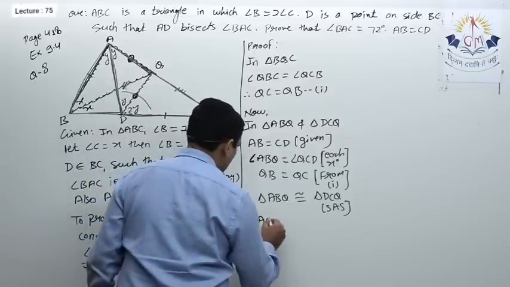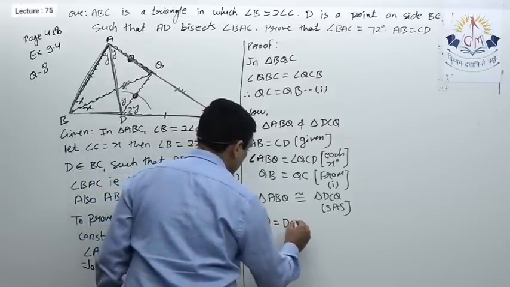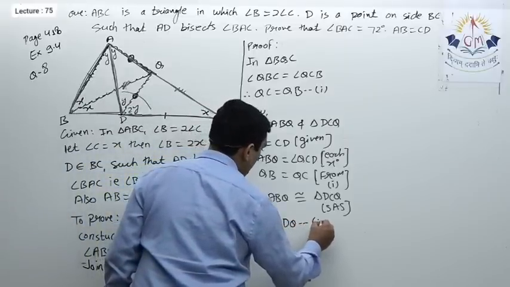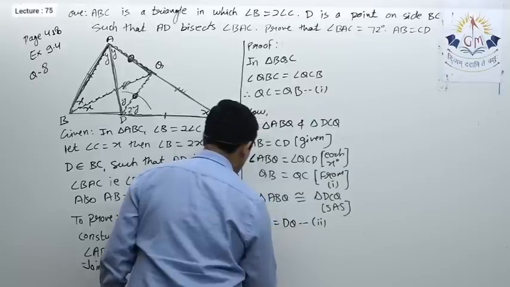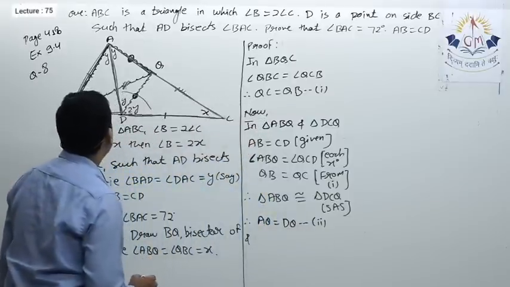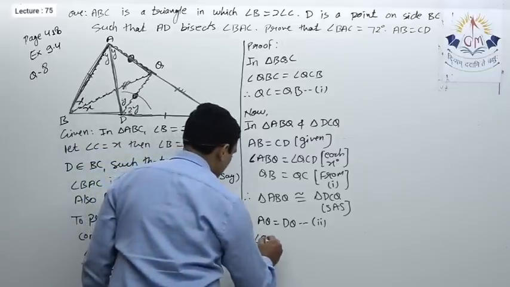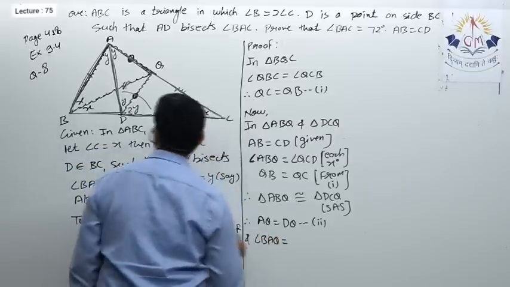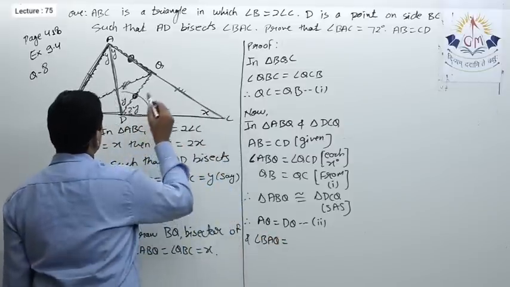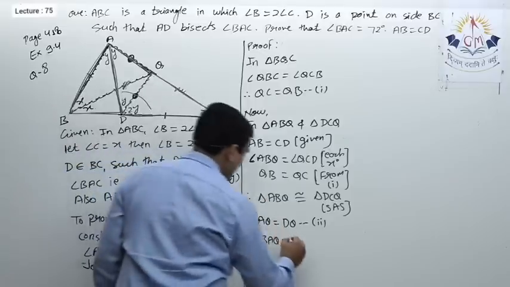Therefore AQ is equal to DQ. Let it be second. And angle BAQ is equal to angle QDC.